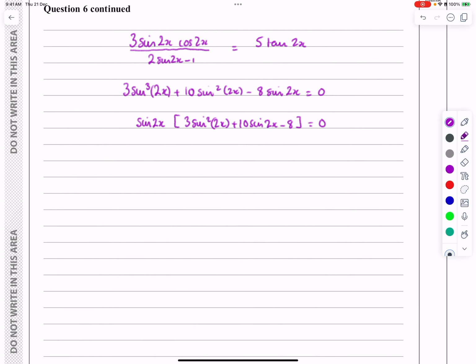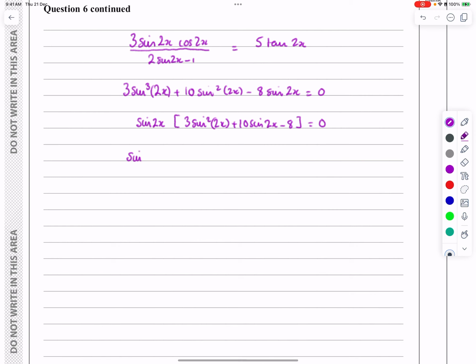Now, if you want to change this and just call it a quadratic 3u squared plus 10u minus 8 to be able to factorise that part, you can factorise it and then put it back in. I'm saying factorise, I'm assuming that this would factorise. It'd be very unusual at this stage to need the quadratic formula. It just doesn't fit with the rest of the work here.